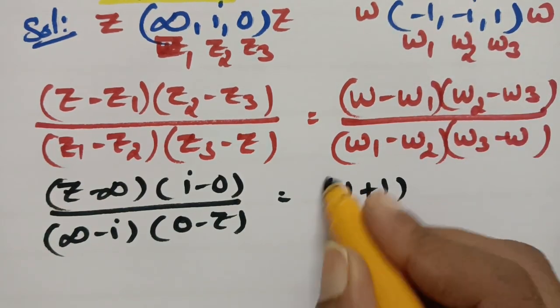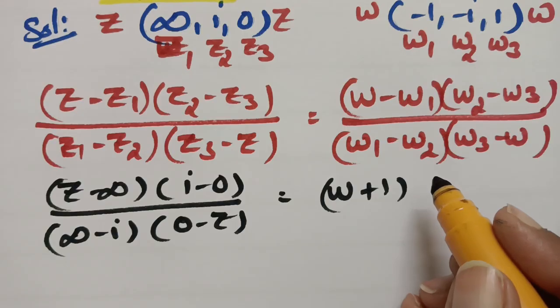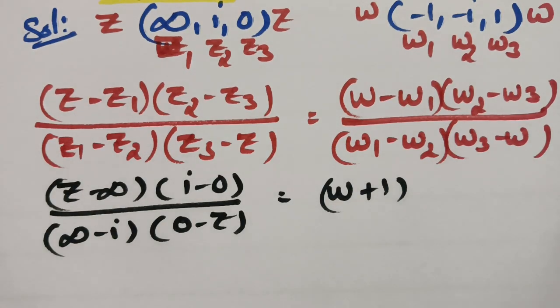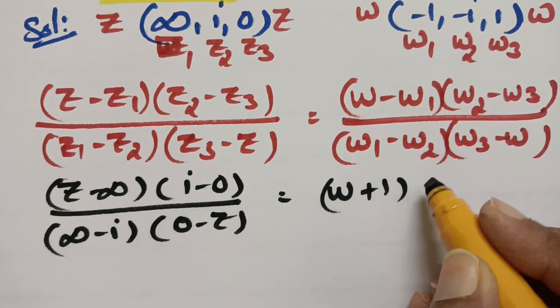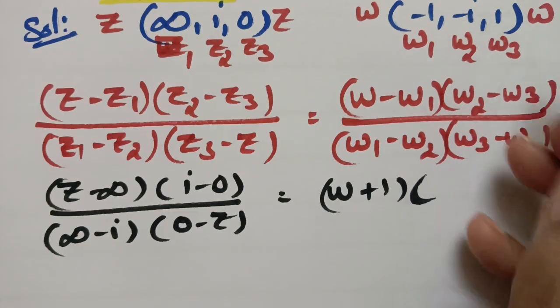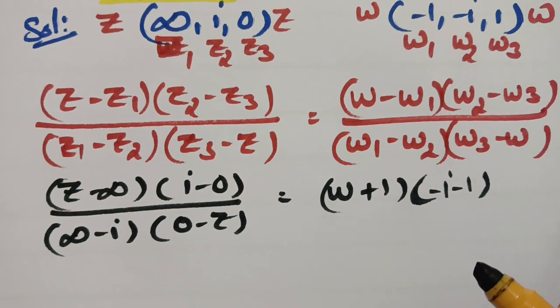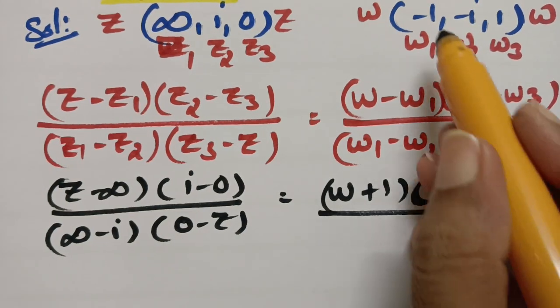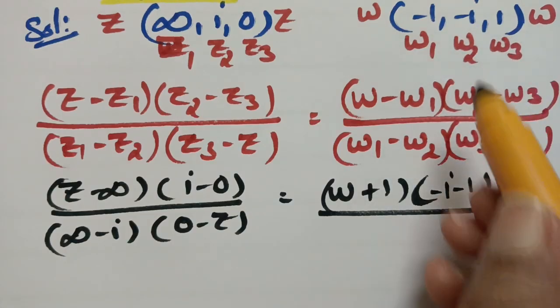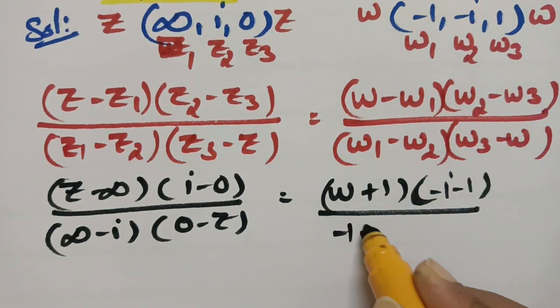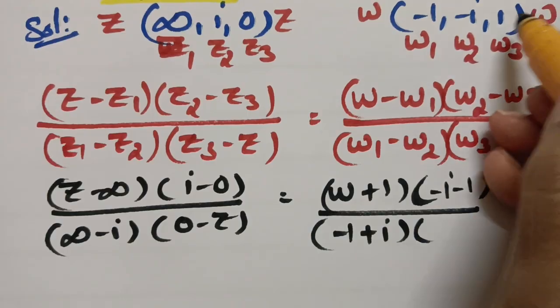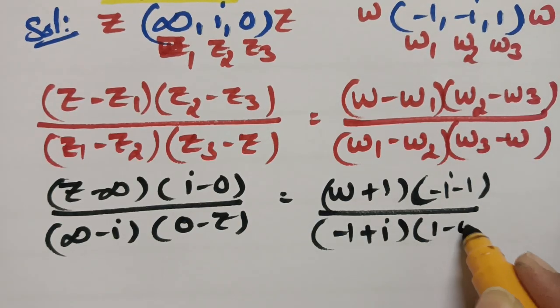Minus 1. So it will become plus 1. So this is going to become a plus. And next one, this is minus I, and in the denominator, this is minus 1 plus I, and next one, this is 1 minus W.